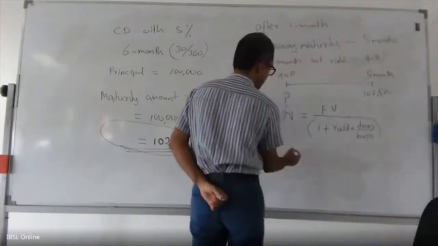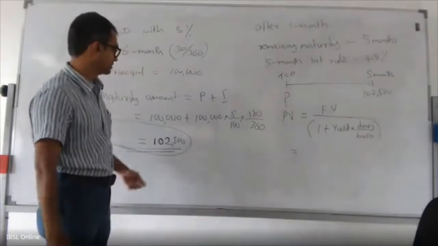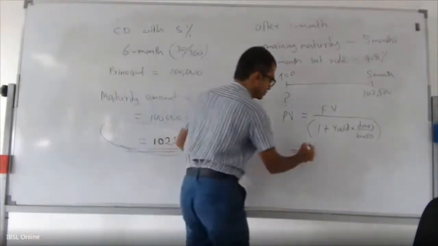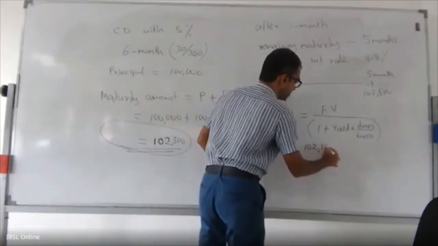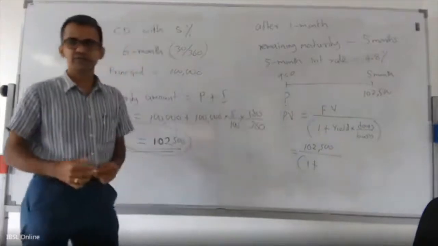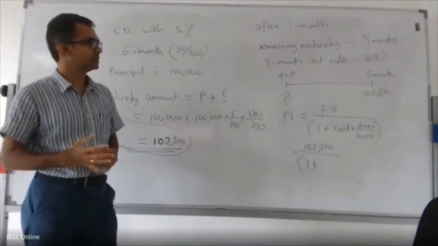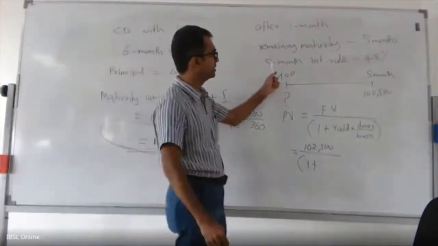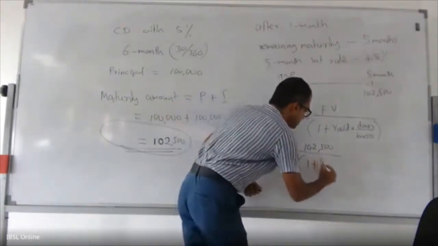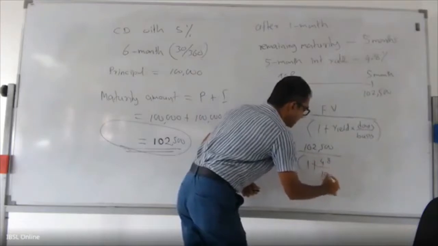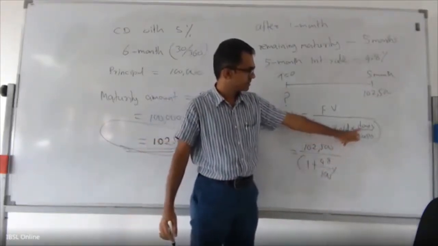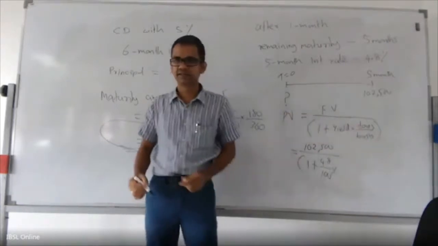So if we put the numbers, the face value or the maturity proceeds would be 102,500 divided by 1 plus, what is the yield now? What is the required rate of return now? For a 5 month period, you need 4.8. 4.8 divided by 100.